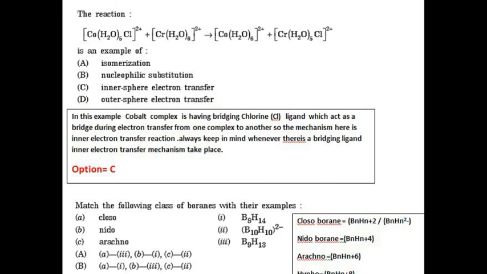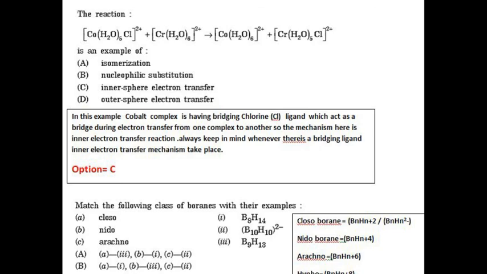If you see the options, the closo-borane is B10H10 2 minus, which fits the first formula.